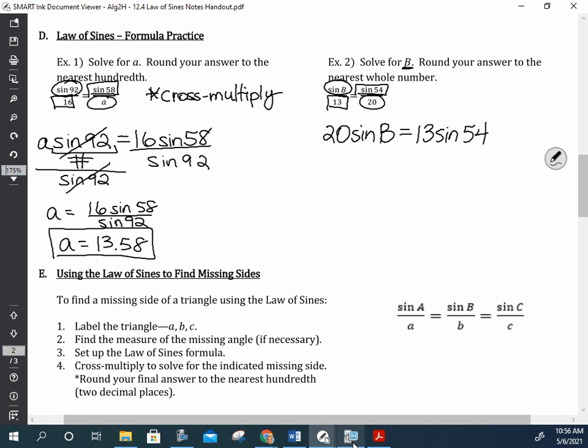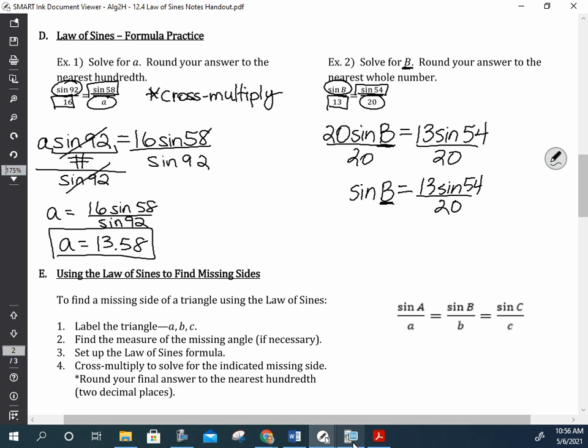So we're all set up and ready to go. We need the capital B by itself. So the 20 has to go, so that's a divide out. But we still need to get B by itself.